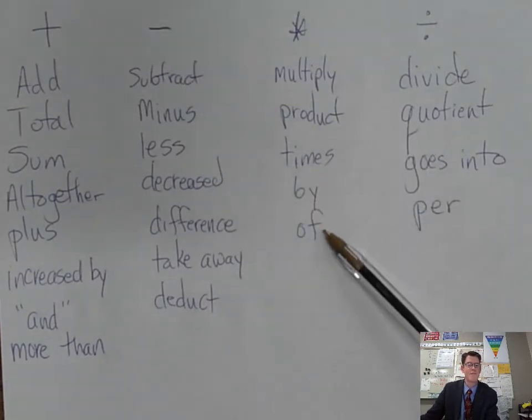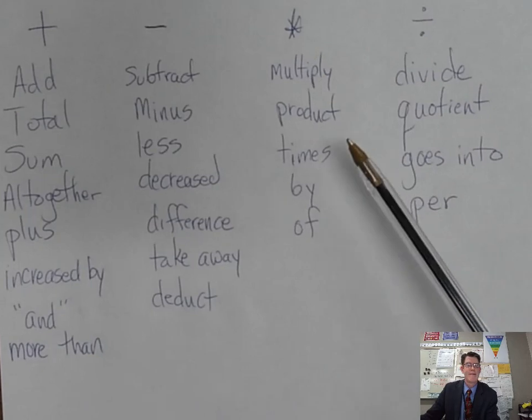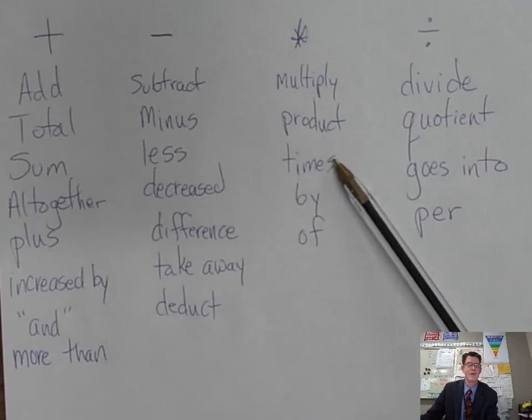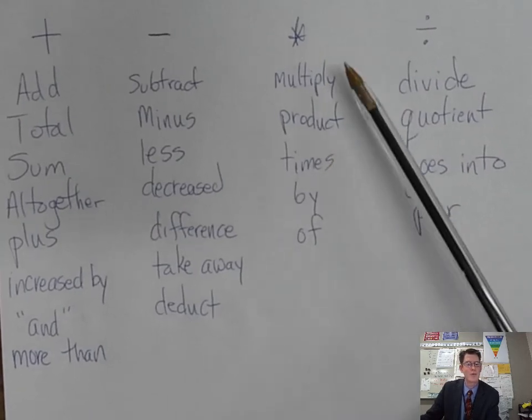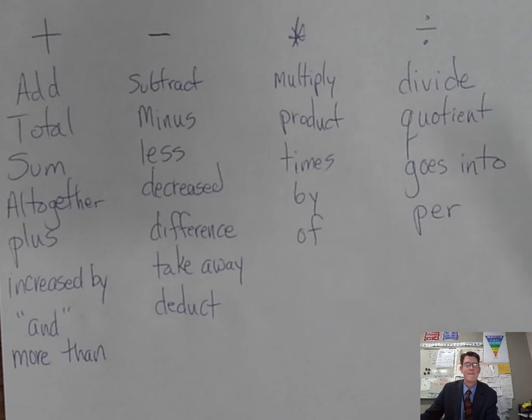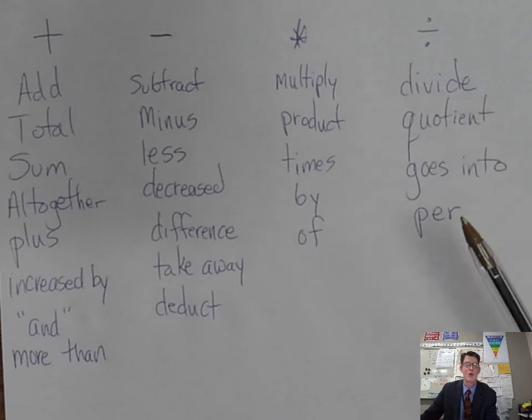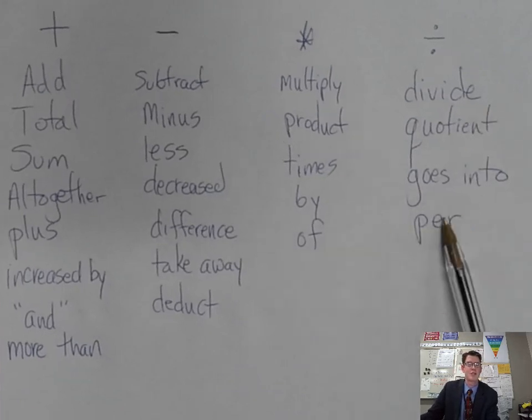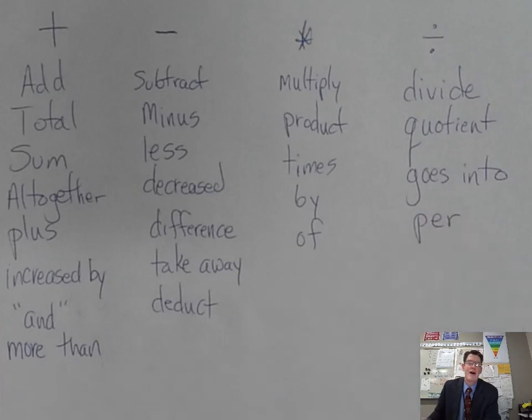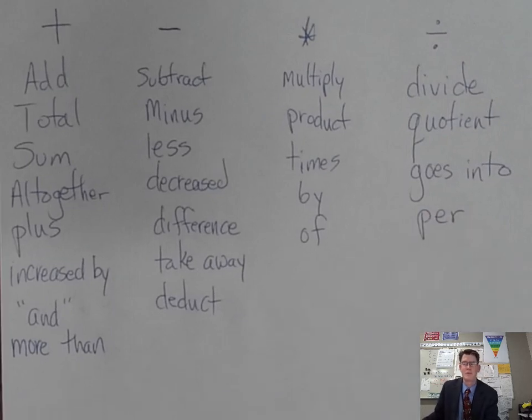The word "of," for example, means multiply. A product, if you're timesing two things together, is a way that we say you're multiplying. And dividing or quotient means goes into, especially "per." You're going to see "per" your whole life. All that means is divide. Okay, with that little bit of introduction, here we go.